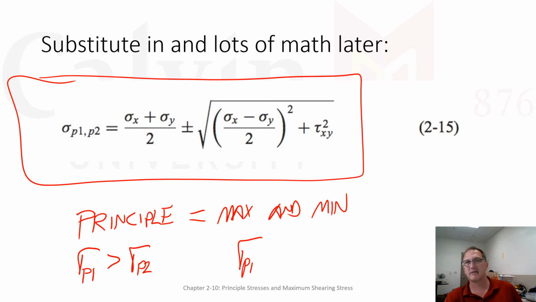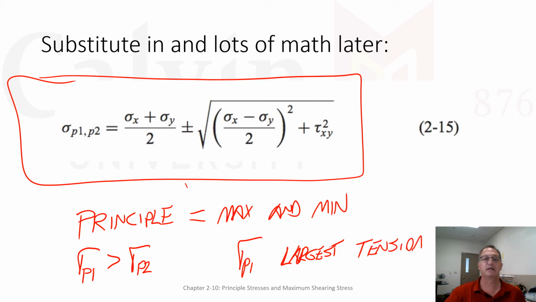When you get to negative numbers, it could be the smaller negative number, but it's the closest to being a tension. It's the largest tension that's being seen. That's important because tension is where a lot of these fractures are going to take place.